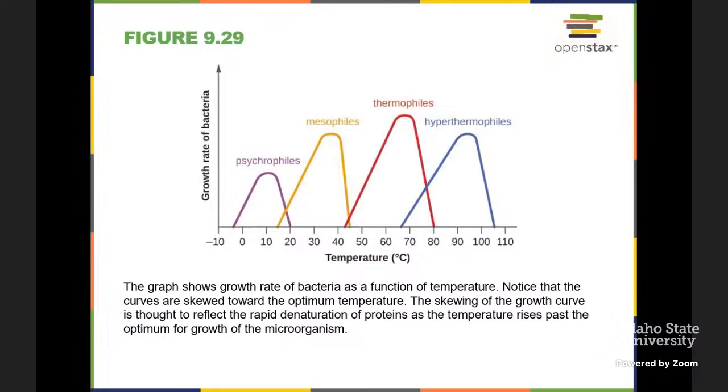Again, not super happy, but capable, all right? So you can see there's a little bit of overlap. And there are some potentials for some microbes to maybe be a psychrophile or a psychrotroph. So it may be more mesophilic, but it's like, you know, the fridge is still fine. It's a little bit chilly in here, but I can still tolerate it.